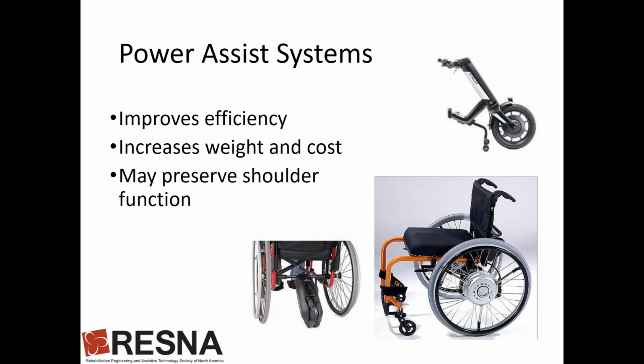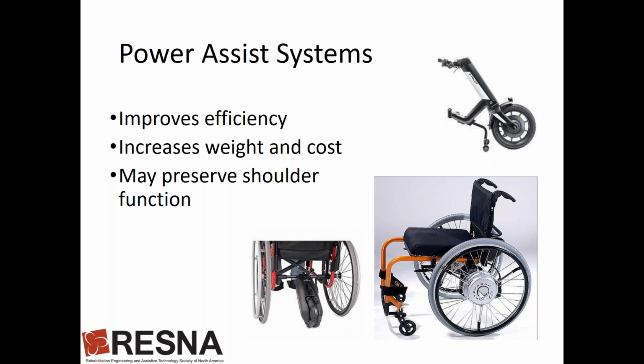Power, I'm going to say add-on. Power assist is a very common word. Where the power add-on or power assist comes in is if somebody is a marginal manual wheelchair propeller, but really isn't ready for power or their lifestyle cannot accommodate power. So this bottom right was your typical power assist. The whole mechanism is the wheel.